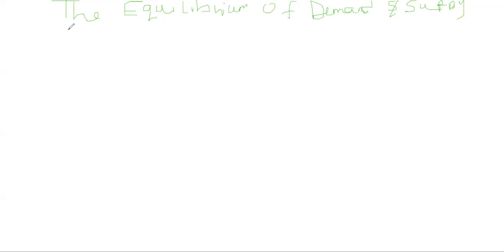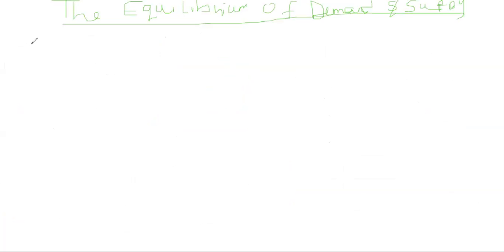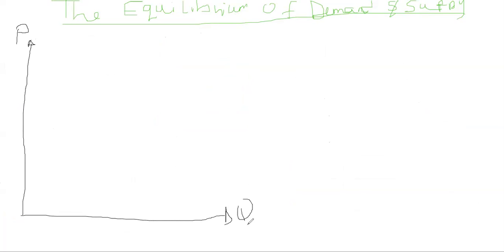So now what we did here is just a schedule representation, whereby we have our equilibrium price and quantity, which is 1 and 14 respectively. So we can go on and draw our graph here. Here will be the price of the ice cream and then the quantity demanded of ice cream.